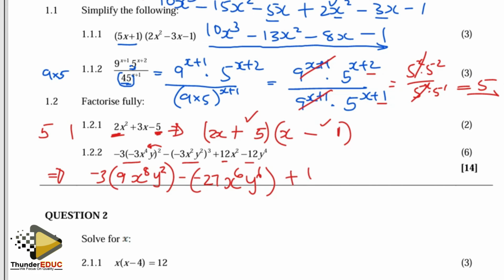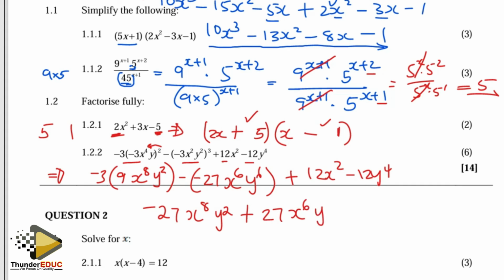These are just the same things. 12y to the 4, simplify this further. I'll have negative 27 x to the 8 y squared. This and this will give me plus 27 x to the 6 y to the 6 plus 12x squared minus 12y to the 4.